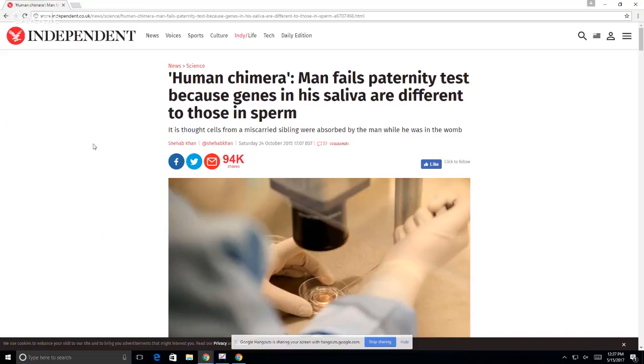But sometimes this can lead to problems with autoimmune diseases. If you are a chimera and your immune system finds tissue that doesn't appear to be yours, sometimes it will attack that foreign tissue and cause inflammation. So chimeras could have a higher incidence of autoimmune disease because they have two different types of cells in their bodies.